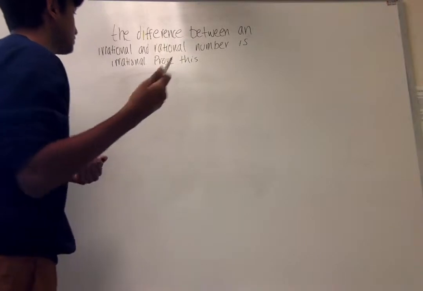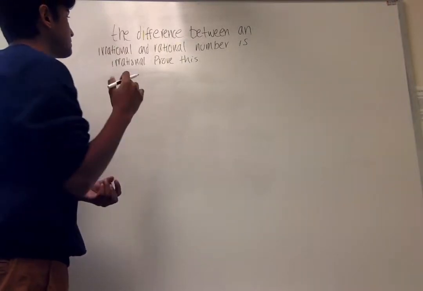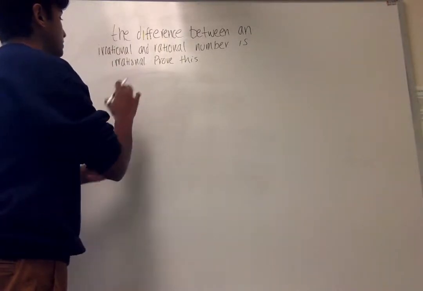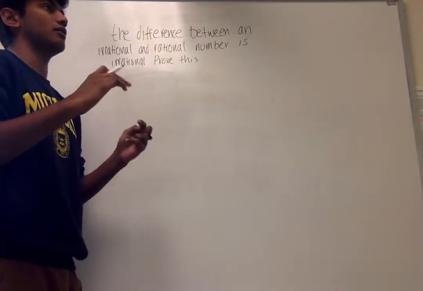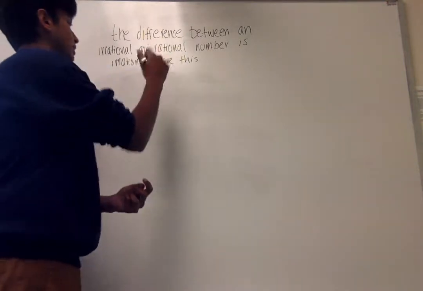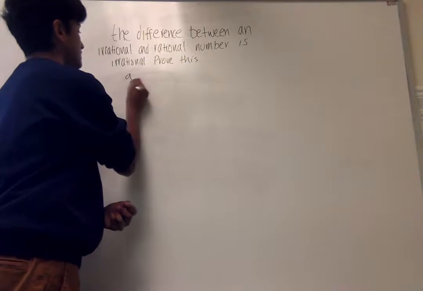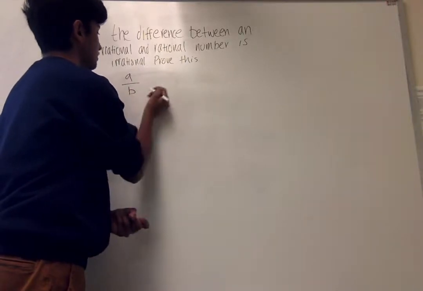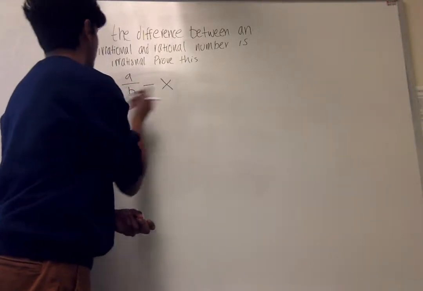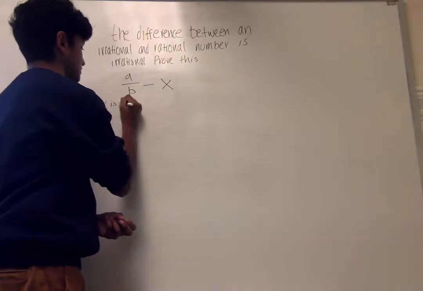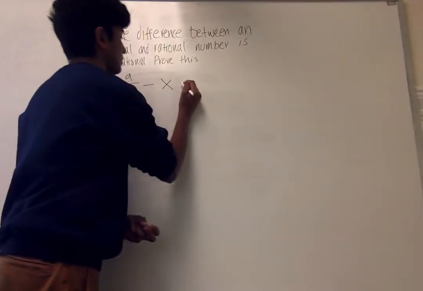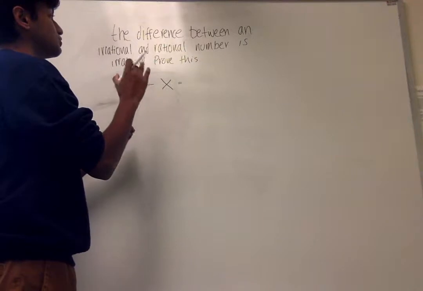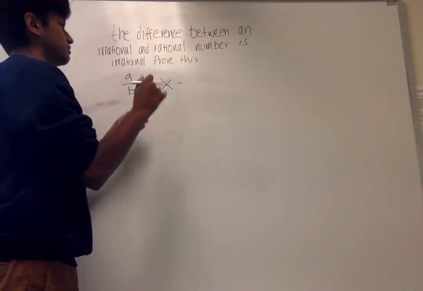So we're going to write our negated statement out. We're going to say, hey, we have some rational number a divided by b minus some irrational number x, so x is irrational, okay. And we're going to say that that is equal to a rational number, right?